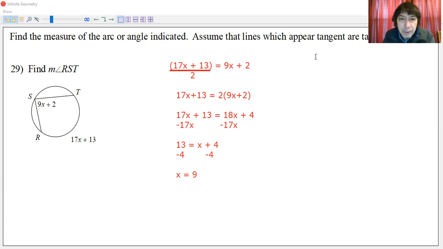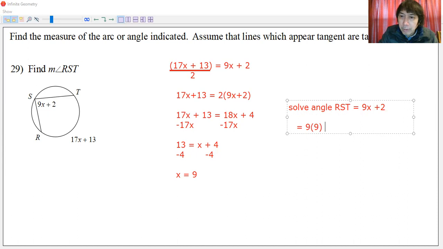So that's it. We can now solve for the angle. Let's solve for angle RST. Angle RST is equal to 9x plus 2. This equates to 9 times 9 plus 2, which is 81 plus 2, which is 83.